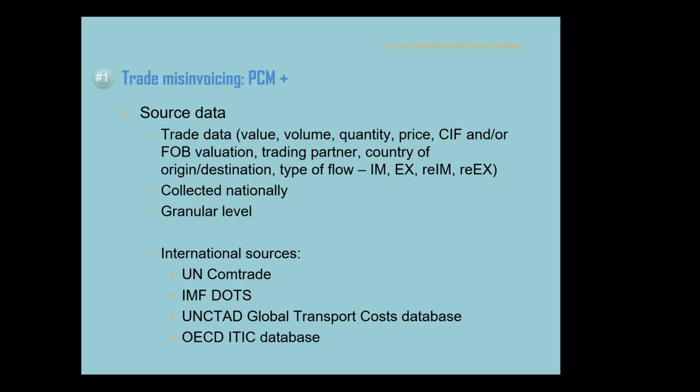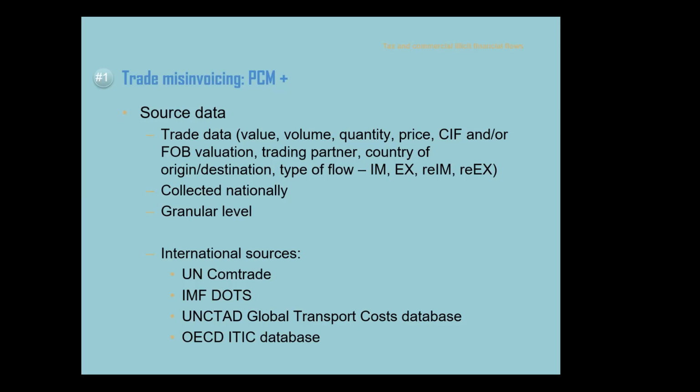The trade data that we would be looking at are, of course, the values and the volumes and quantities of imports and exports. So the types of flows are imports and exports. We also need to get as much data as possible on the CIF and FOB valuation, on all our trading partners, countries of origin and destination, and similar.